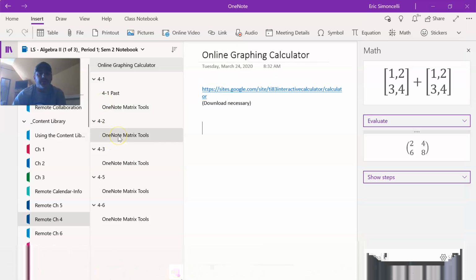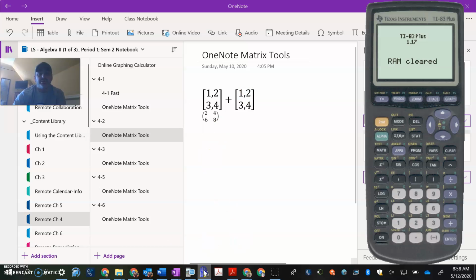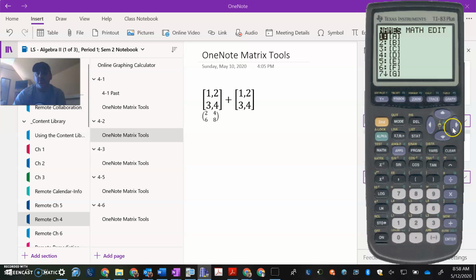Okay, so again, we had matrix A, which was this, matrix B, let's say, which was that. Or if you wanted to just say A plus A, that also should work on your calculators. So on your calculator, you'll hit second, X inverse or matrix. We'll edit matrix A. I'll type in 2, enter 2, so 2 by 2, and then 1, enter 2, 3, enter 4.